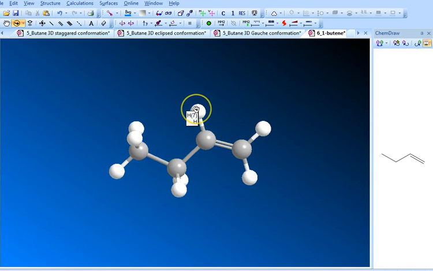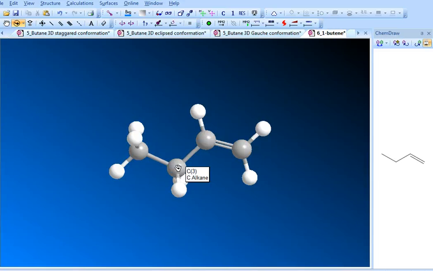So if you take this hydrogen, carbon, carbon, this bond angle is 120 degrees. Similarly, hydrogen, carbon, carbon, this bond angle is 120 degrees, and similarly the same thing here. Alright, so any carbon that is double bonded has a bond angle of 120 degrees. Any carbon that is single bonded has a bond angle of 109.5 degrees.